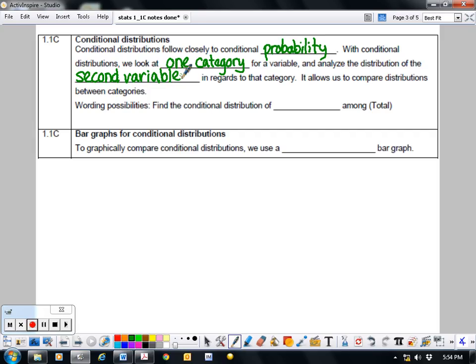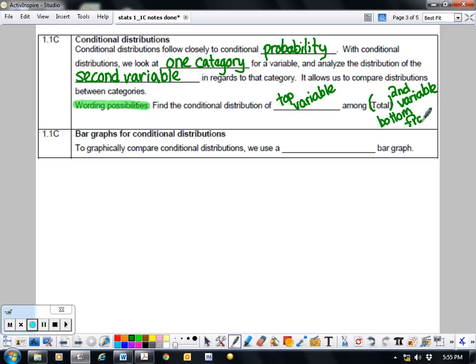And so the way that this is going to end up getting worded is: find the conditional distribution of our top variable. This is going to go on the top of our fraction, among the total for our second variable, which will be the bottom of the fraction.